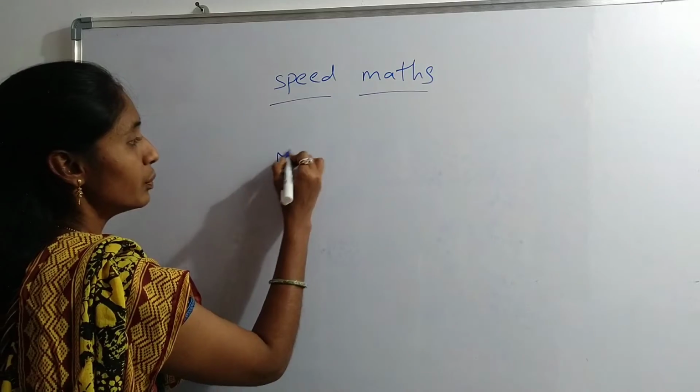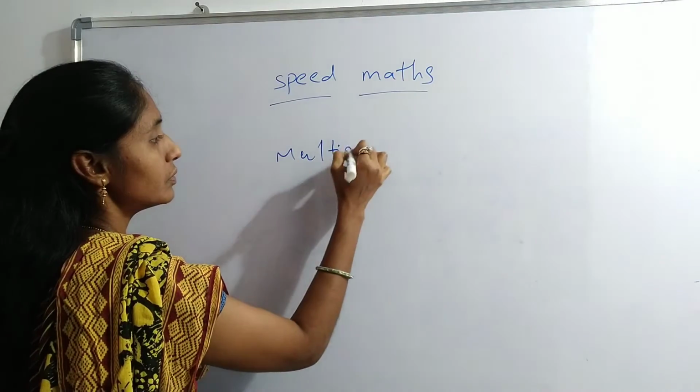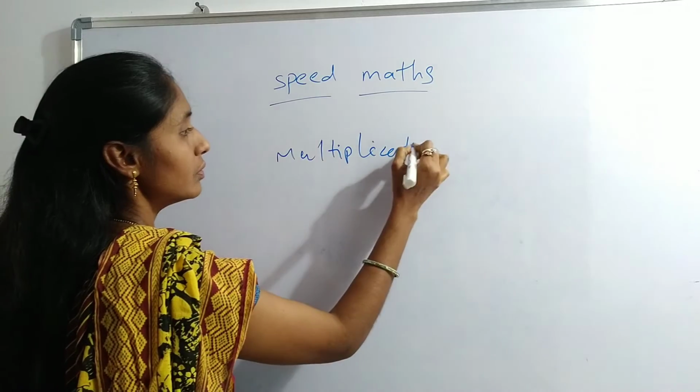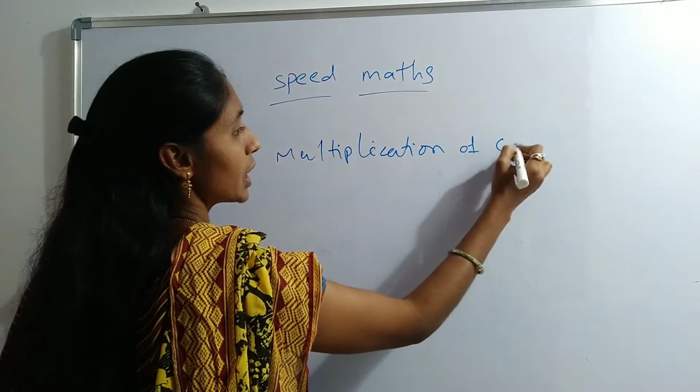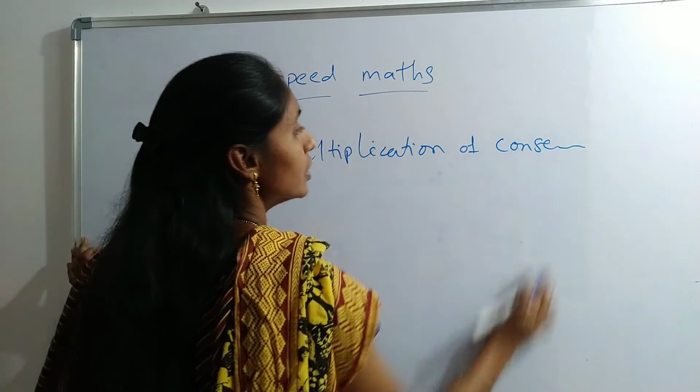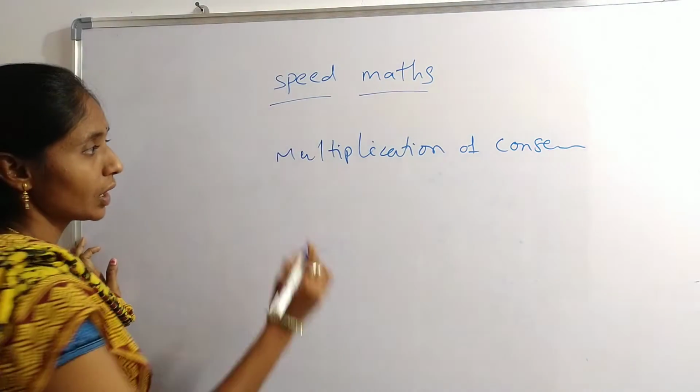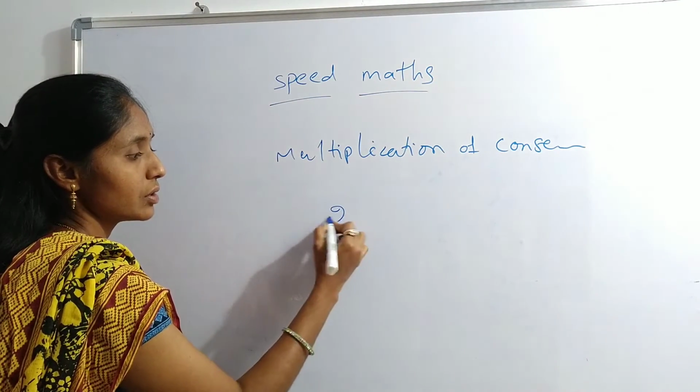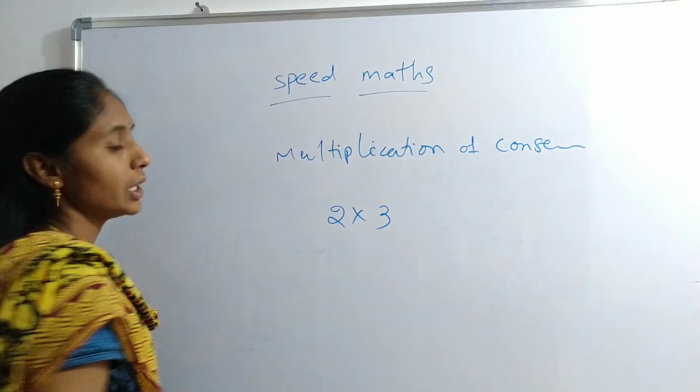Multiplication of consecutive numbers. Take the example 2 into 3.